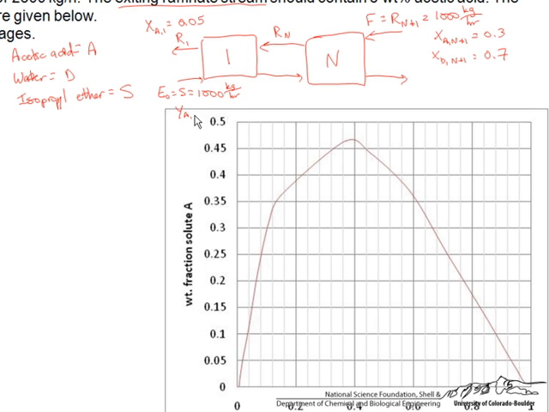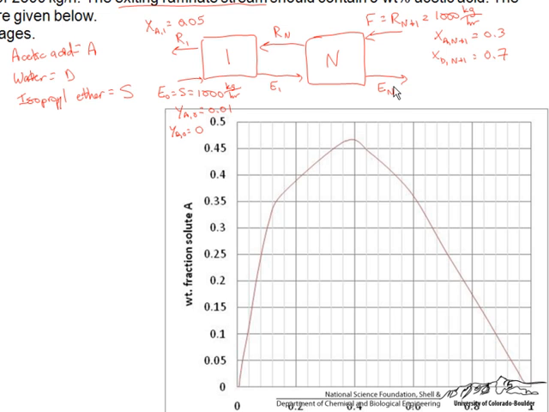So YA of stage 0 equals 0.01, and Y of diluent of stage 0 equals 0, because the remainder of the stream is solvent. There's no diluent in the solvent stream. Let's label our other solvent streams. Here we've got E1, and here we've got En. So that pretty much takes care of labeling our diagram.